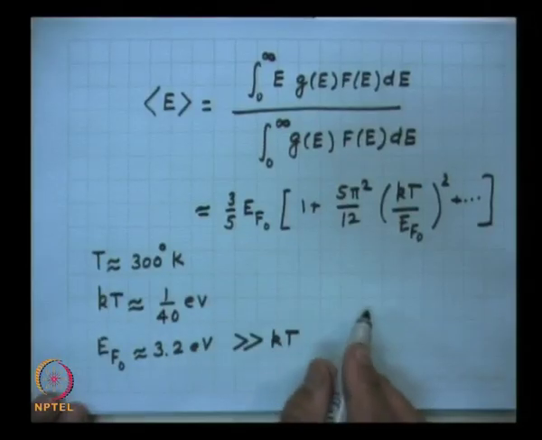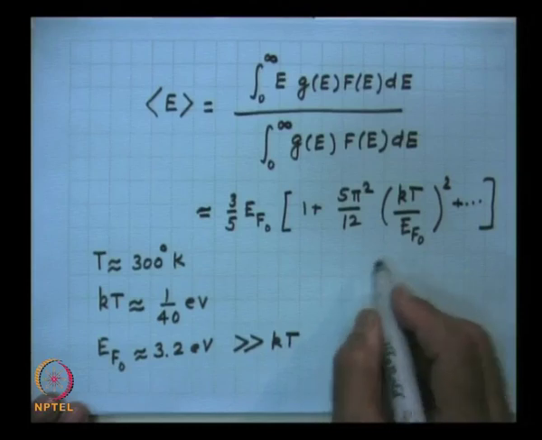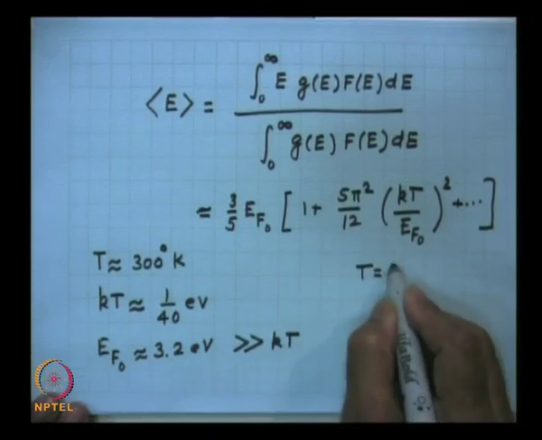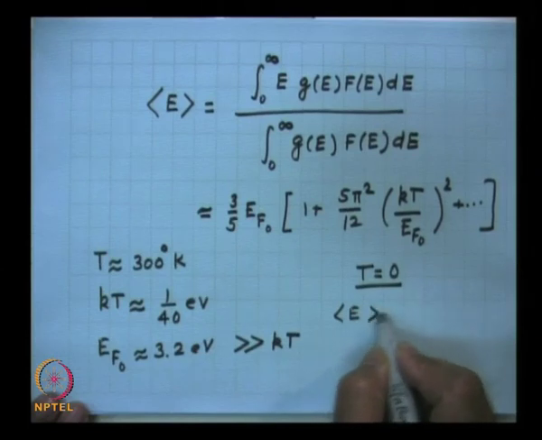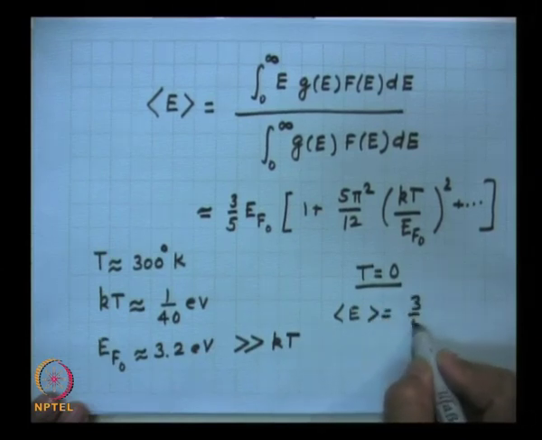That is, all the levels up to E_F0 are filled up, and beyond E_F0 all the states are empty. Using this expression for the average energy at absolute 0, the average energy is equal to 3/5 E_F0.